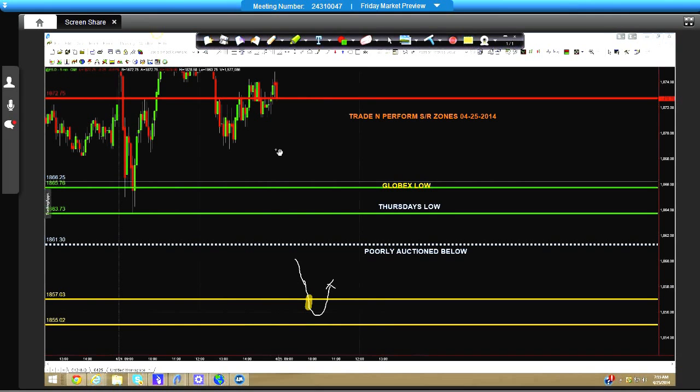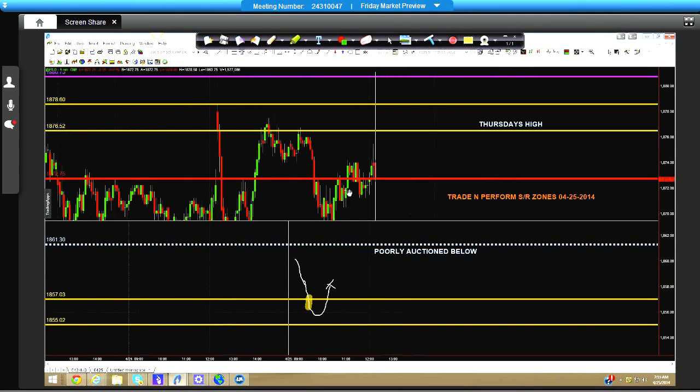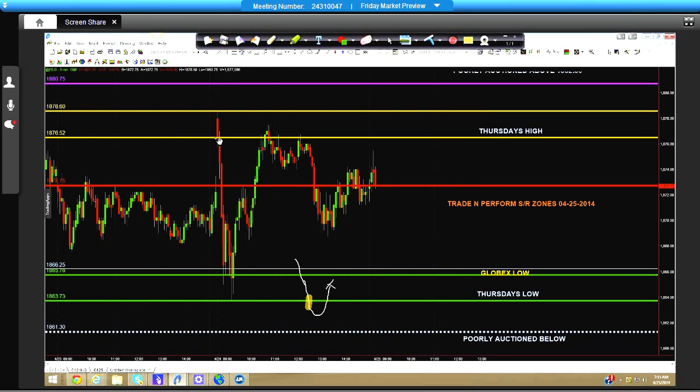Yesterday in particular, what I was concerned about was getting either an open drive higher or an open drive lower. These have become particularly dangerous in the first 15 minutes to an hour. Most people I've spoken to who've experienced significant losses have experienced that within the first 30 minutes to an hour when they're trying to trade smaller contract size but capture larger moves.